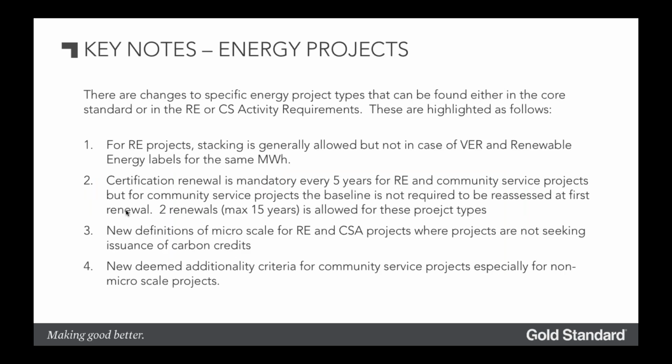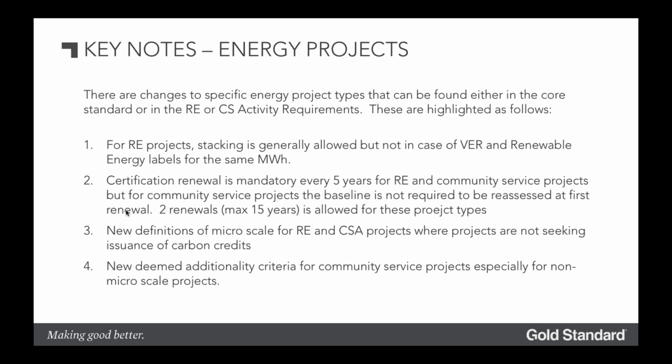So just some short notes to draw your attention to. I would say it's worth obviously getting used to the new standard itself, but the activity requirements for community projects and for renewable energy projects also include some changes. For example, we're going to allow renewable energy projects to issue both VERs and gold standard labeled IRECs. That's something we've not been able to do before, but we're really excited about.